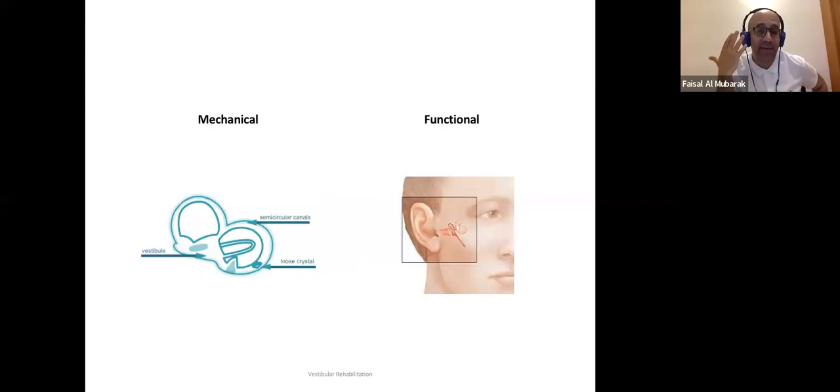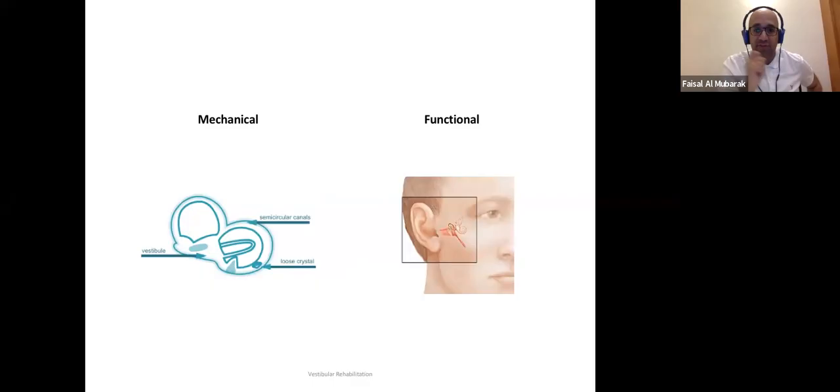But if there is anything happening inside the brain, the vestibular pathways, that's what we call central. So there are some central issues that can affect the vestibular functionality, right? But at the end, these are both functionality.